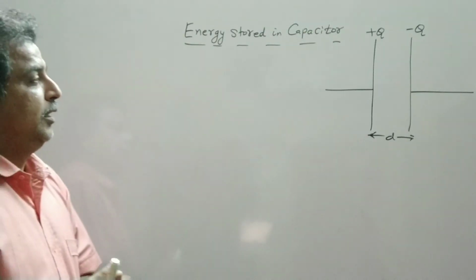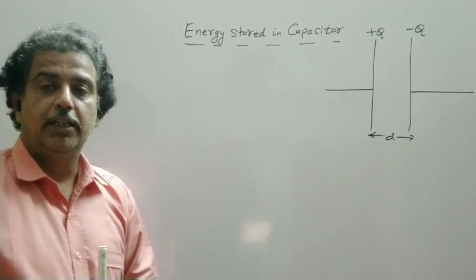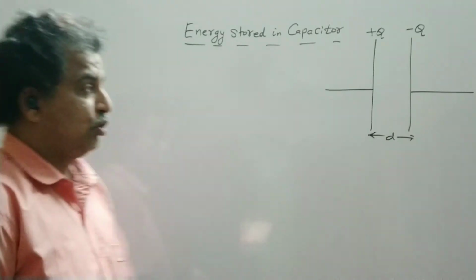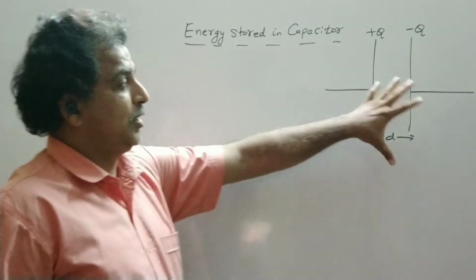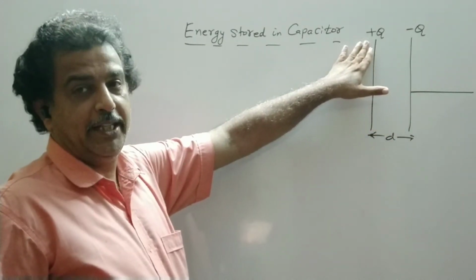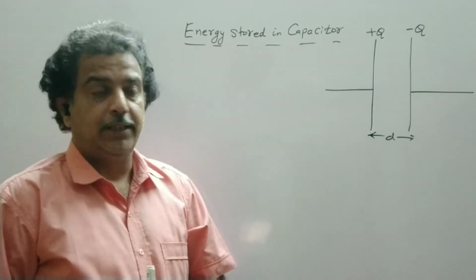Now let us consider that initially the two conductors are uncharged. So this is our final situation. We need to deposit plus Q charge on one plate and minus Q charge on the other plate.